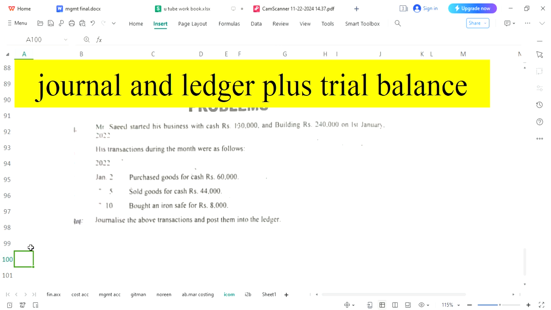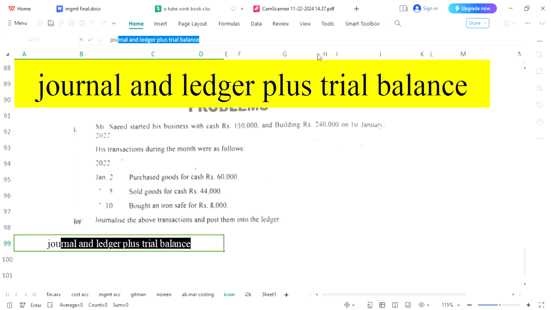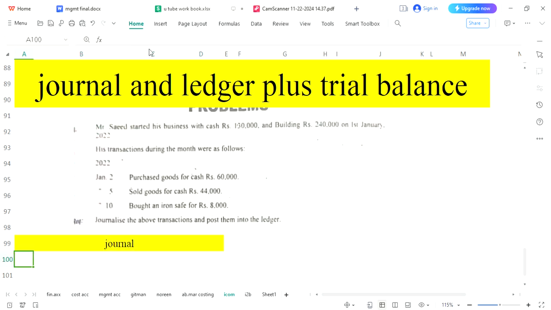Our first step would be to make our journal. I haven't put any lines over there, and I will make all the lines in front of you so that you can understand. We are going to make the journal, and as you know, there are these many columns.